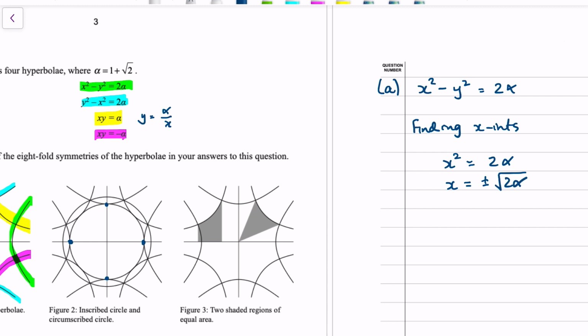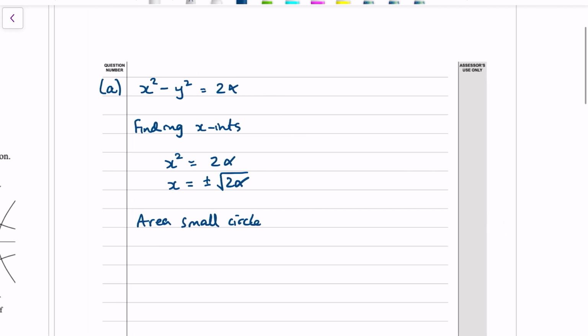Now we don't need those x-intercepts, right? We're wanting the area of the circle. The area of the circle, and we'll call this the small circle, is equal to pi times radius squared. The radius of that circle is the distance from the origin to the x-intercept. So we're going to be squaring that x again anyways. So it's going to be equal to pi times x squared, which is 2 alpha.